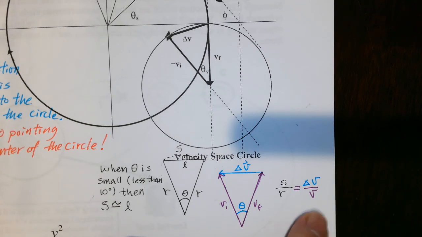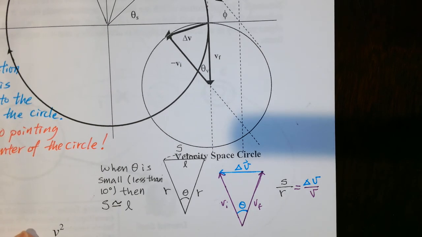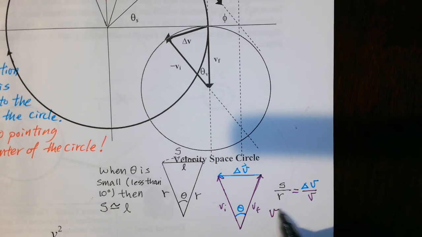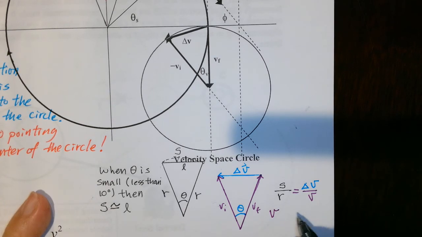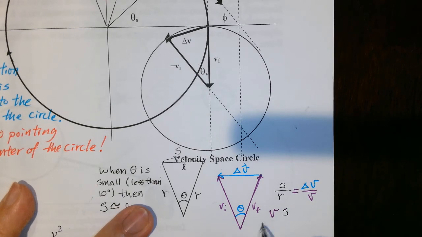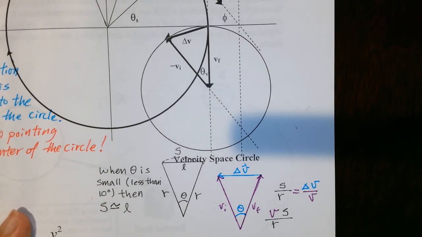So if I bring this V to the other side, I have V times S over R, and that is equal to delta V.